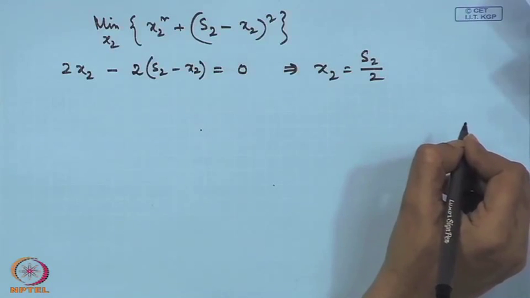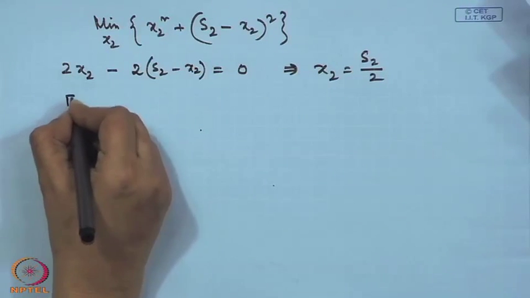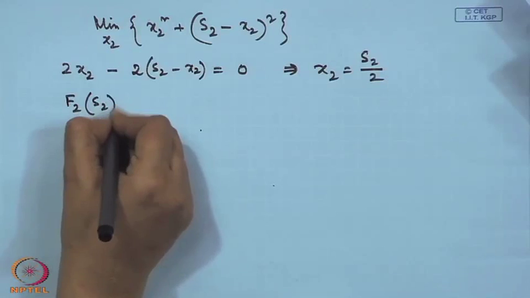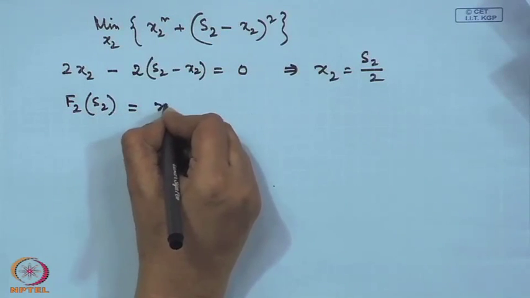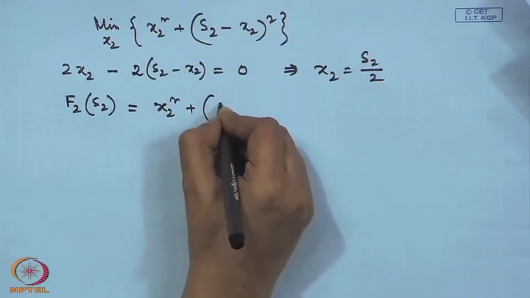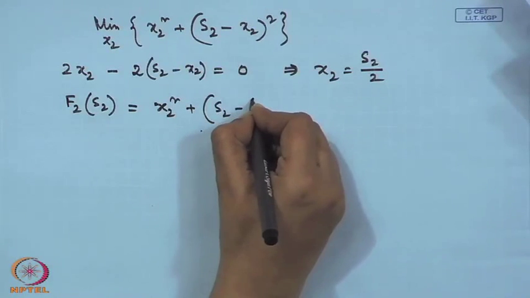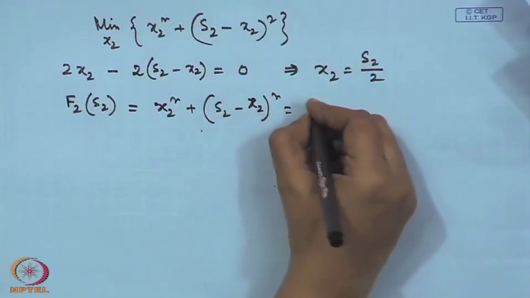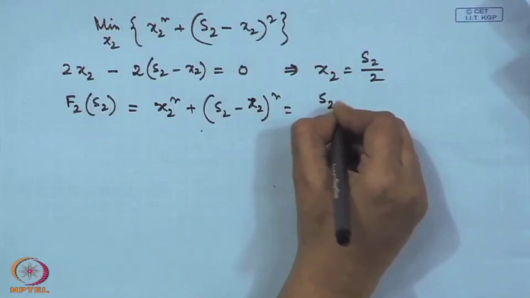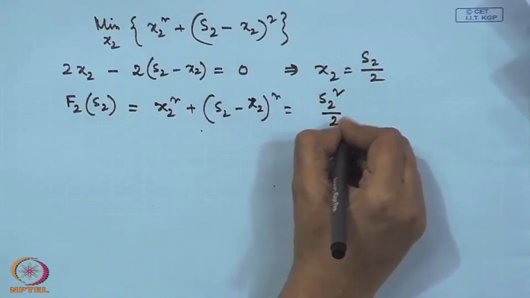Once we have done so, then our f2(s2) can be nicely calculated, x2 square plus (s2 minus x2) whole square. After substitution of this, we will get this value as s2 square divided by 2.